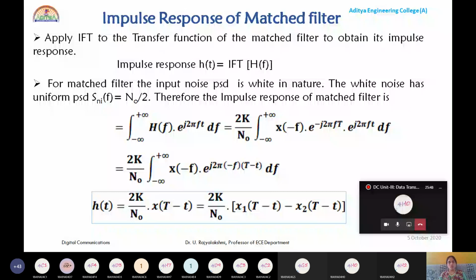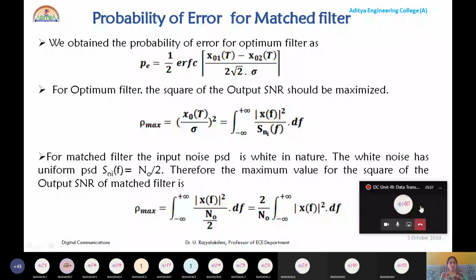Okay, just for the knowledge sake, we calculated the transfer function as well as the impulse response of the matched filter by replacing the input noise power spectral density with white noise, which is equal to N0/2. Now, I wanted to tell you one thing.